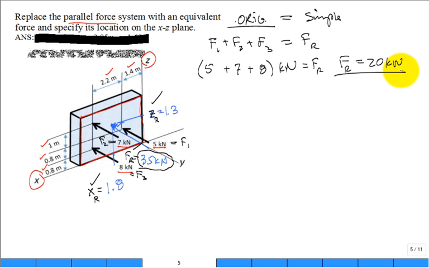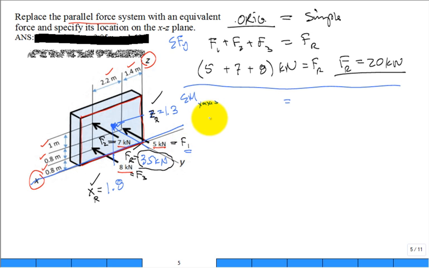It is that easy, but now the harder part. We still have this concept of the original system and the simplified system. This was the sum of the forces in the y. They need to be equivalent for both. The next one will be the sum of the moments about what? The sum of the moments about the x-axis. If I look at the sum of the moments about the x-axis, force F1 produces a moment about the x-axis.